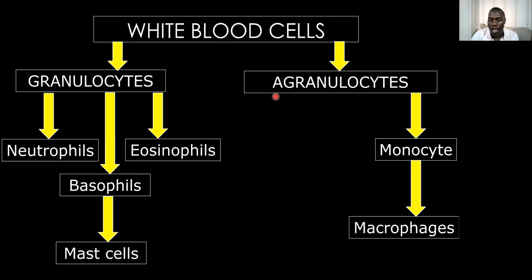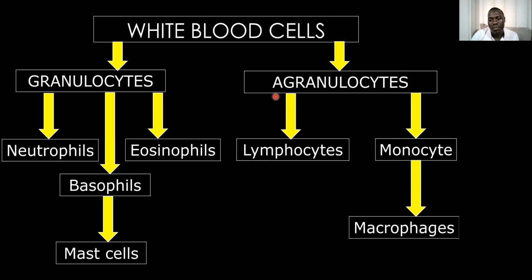The other type of agranulocytes are the lymphocytes. Lymphocytes are of three varieties. We have the B lymphocytes. B lymphocytes are called so. The origin of the name was actually based on studies which were done in birds. And it was discovered that these B lymphocytes were maturing in a structure called the bursa of Fabricius.